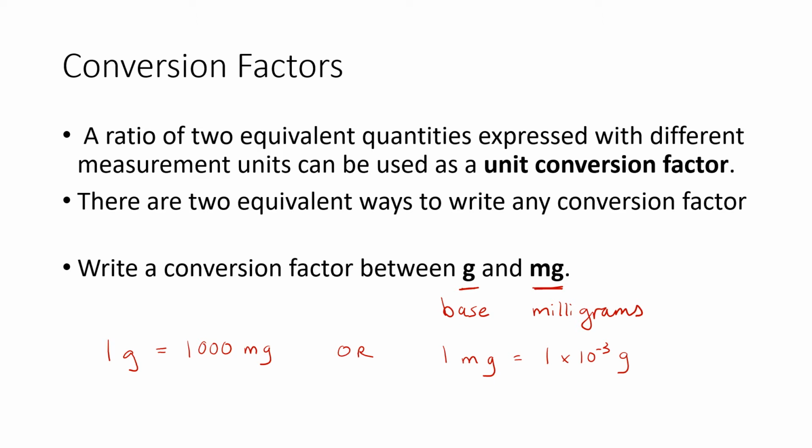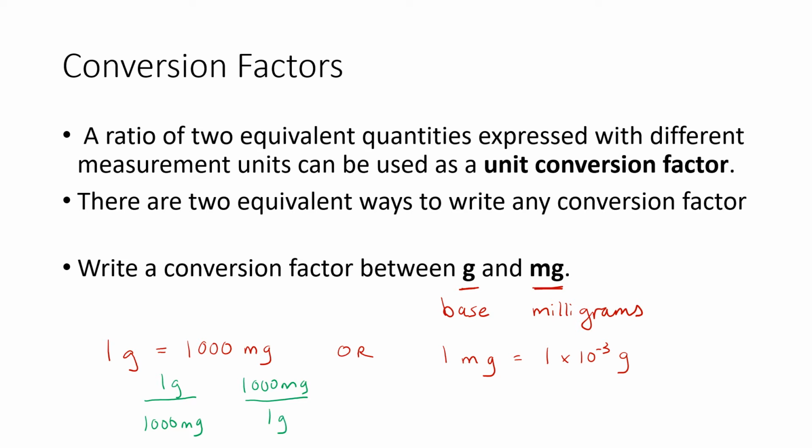Both of them can also be written as a fraction for when we do dimensional analysis and actually convert units. We could say 1 gram over 1,000 milligrams, or we could flip that fraction upside down and say 1,000 milligrams over 1 gram.